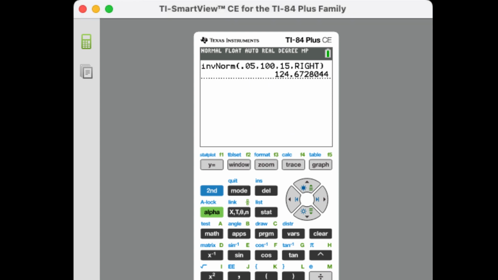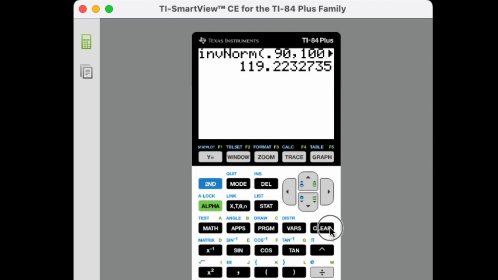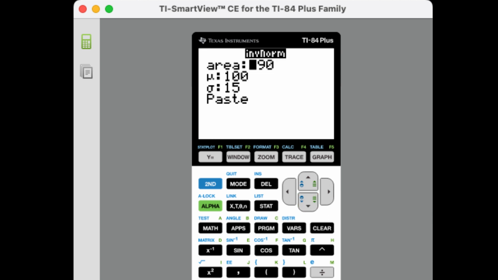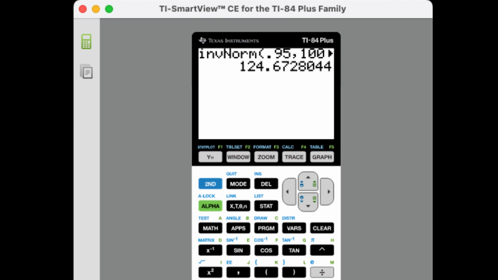So I'm going to change the mode. Clear that out. Second distribution, inverse norm is working backwards. Now I change the area to 95% because it doesn't give me the choice of left tail, right tail. Paste that in, and sure enough, I do get the same exact answer.